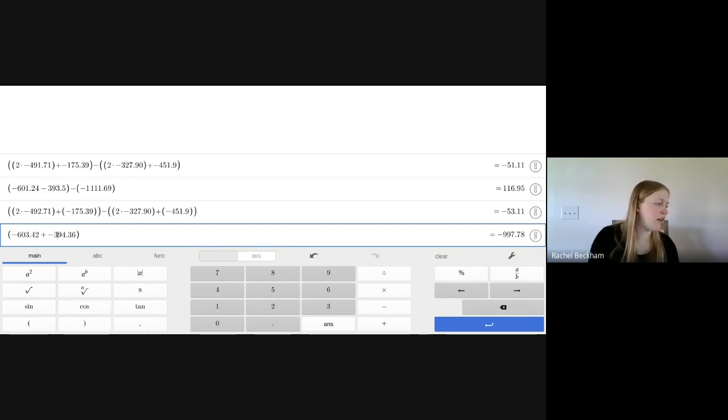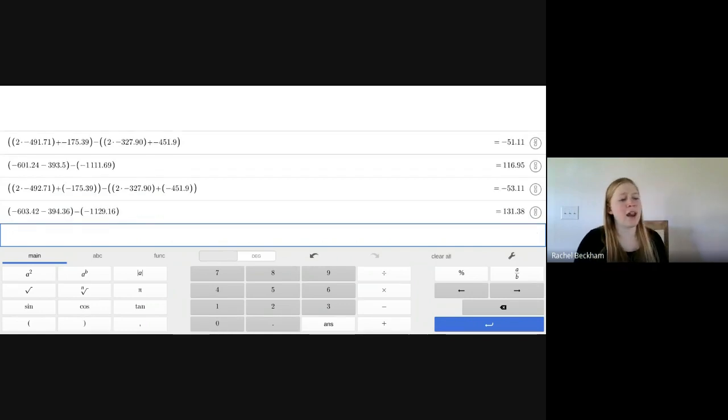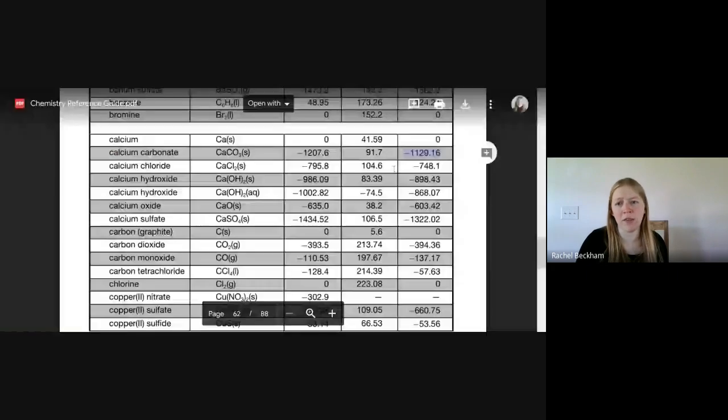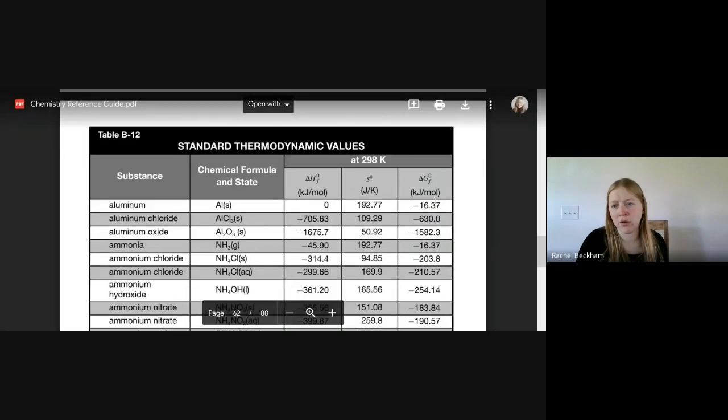You can also just say minus, and it's going to be the same answer no matter what, because plus negative is just minus. And make sure you plug in all your negative signs, and I get positive 131.38. And that should be in units of kilojoules, I believe, because when we look at the guide here, these are in units of kilojoules per mole.